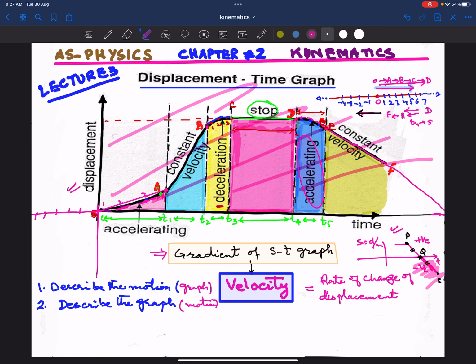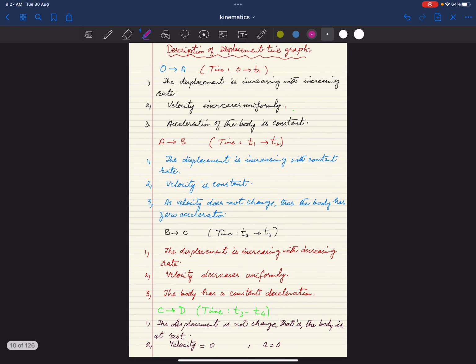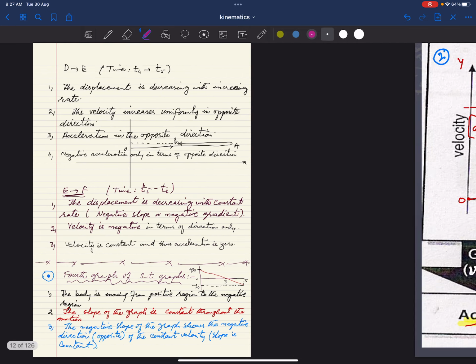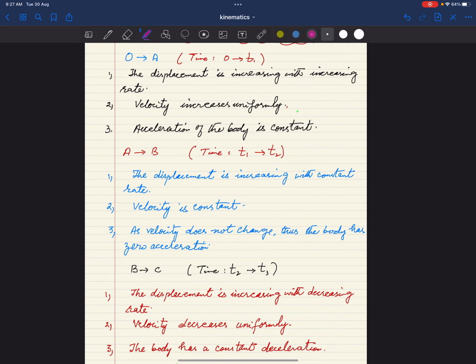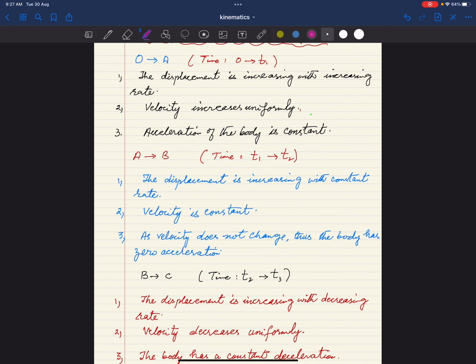Actually, I have described this graph in theory. I have given you all these points. So quickly we can discuss this, and then I think it will be a better situation. From O to A, as I have already explained, the displacement is increasing with increasing rate.